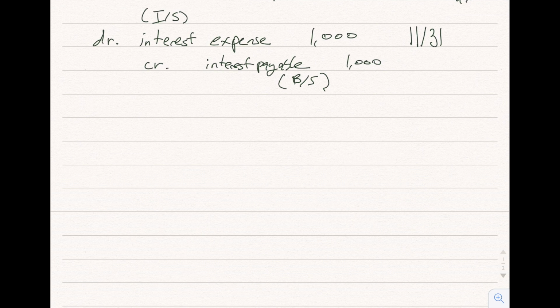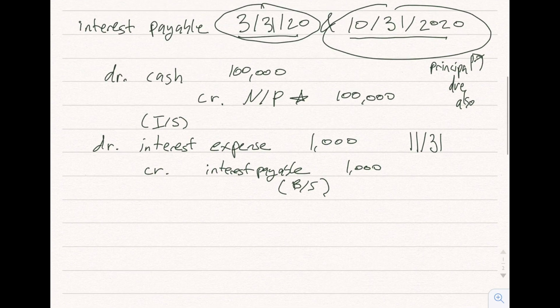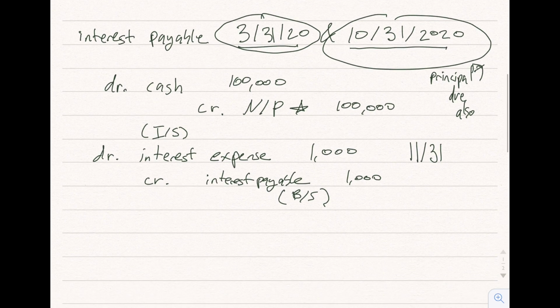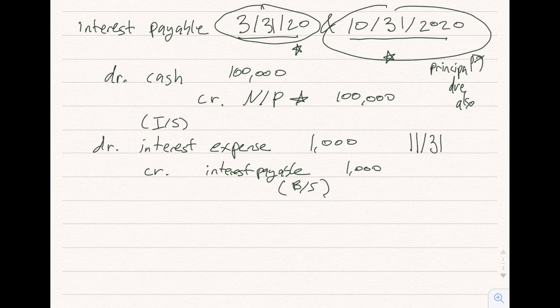You're keeping track of the interest over time, because as time goes on, in this case as the months go on, you're accumulating that interest, right? Because we said 12% annually, but this is being kept track of month by month. And with these dates, this is when you're actually going to have to pay some of that interest, just as an example.